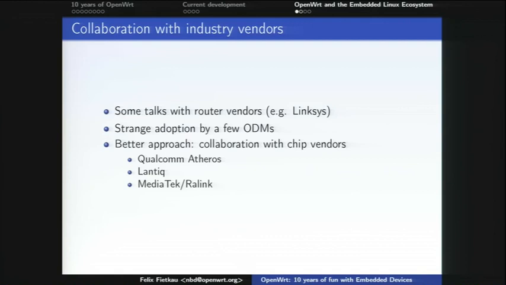But the talks broke down pretty quickly, because they didn't understand that there's a diverse set of communities that do different things with these devices, and that the whole open source aspect is very important as well. Then they eventually came up with a device that they called the successor of the WRT54G. Well, not officially, but they told us that this is the product they came up with based on the input that they got.